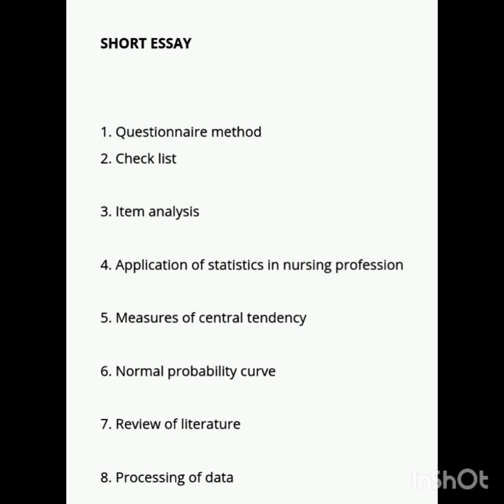statistics in the nursing profession. The first one is prioritizing patient care. Based on the patient's need we are going to provide the patient care, so based on priority we need to provide patient care. Next, designing clinical studies. We need to design the clinical studies, right?